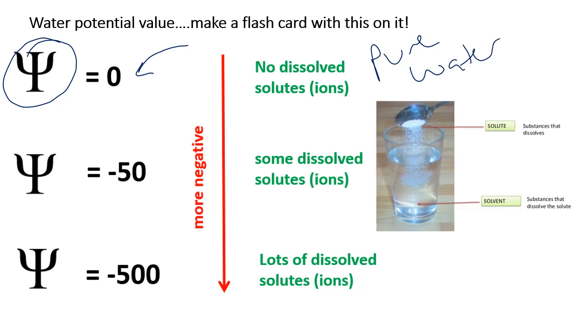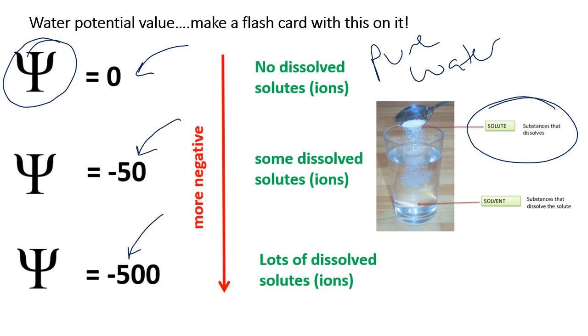If we start to dissolve some solutes in our water, which is our solvent, then our water potential value is going to start to become more negative. So here, maybe I'll dissolve some sodium chloride, some salt in my water, and my water potential value is going to move to -50. If I keep adding solutes, then my water potential value is going to get even more negative.